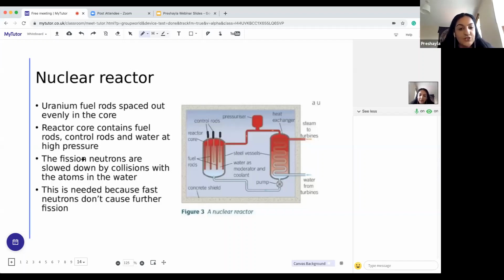The fission neutrons are slowed down because of collisions with atoms in the water, and therefore we can call the water a moderator. So the water slows down the fission neutrons, because fission neutrons go too fast for us to be able to create more fission events.